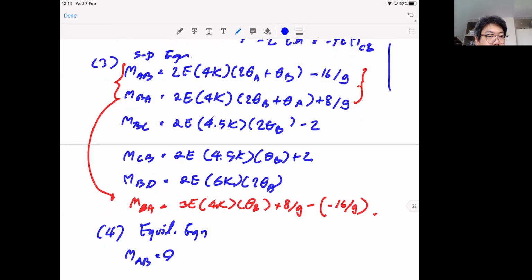So there you have it. You have that equation arranged. So this is 16 EK zeta A plus 8 EK zeta B minus 16 over 9 equal to 0.